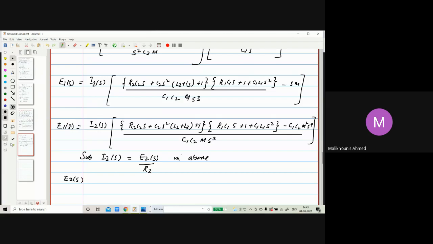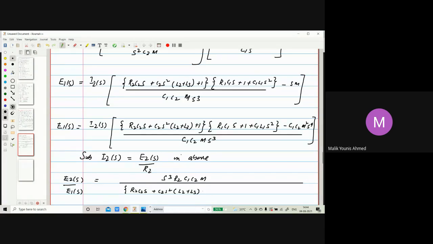इसको मैं यहाँ ले आता हूँ, E1 को यहाँ ले आता हूँ, and that is the final answer I am going to write. So this will be the denominator s cube R2 C1 C2 m, and that will be divided by this whole term what we have: s R2 C2 s plus C2 s square multiplied by L2 L3.